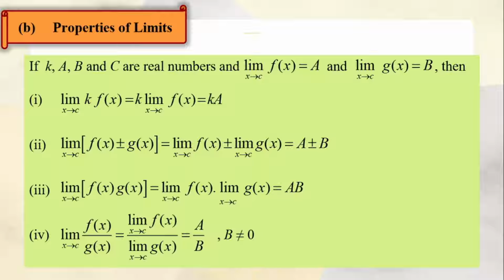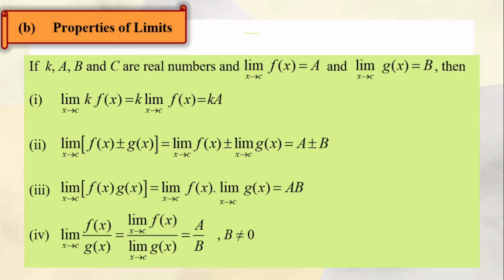It means the limit of a constant times f(x) is equal to the product of the constant and the limit of f(x). The second property is the sum and subtract rule. This rule states that the limit of the sum or difference of two functions f(x) and g(x) is equal to the sum or difference of their limits.